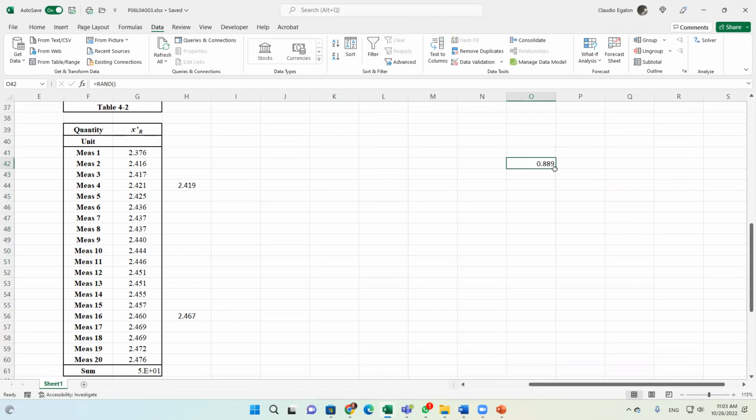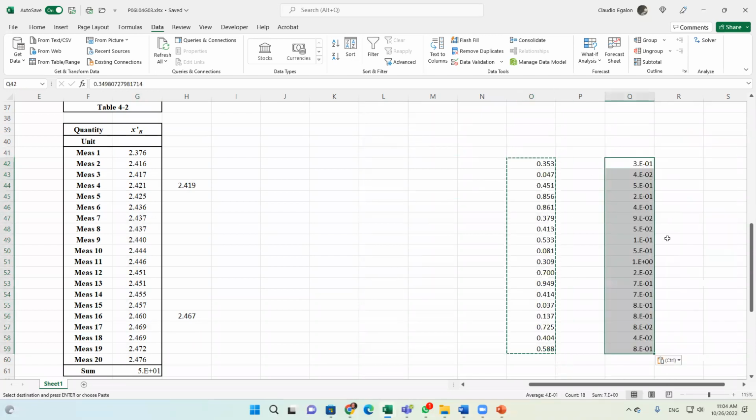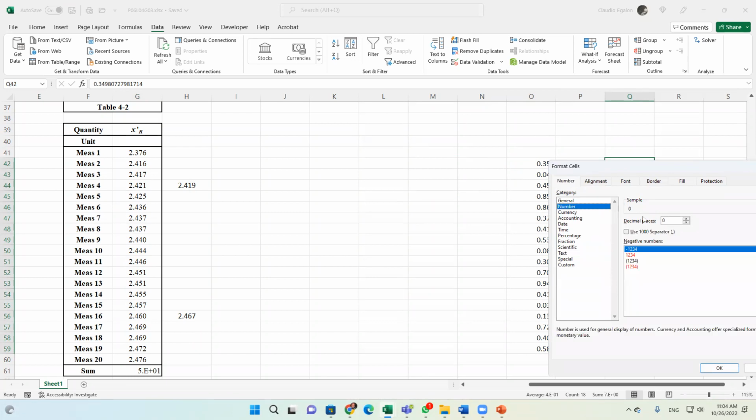Those random numbers represent the numbers here that you need to sort. I'm going to copy and paste them here so I can work with them, and change them into actual numbers so you can see them more easily.